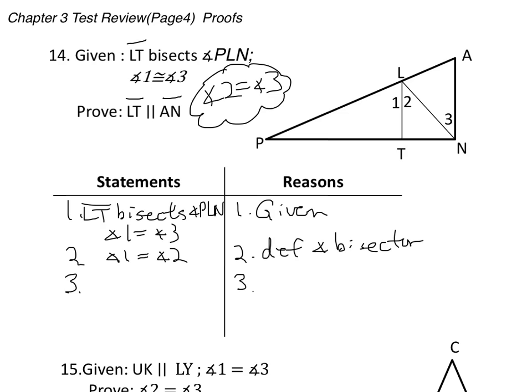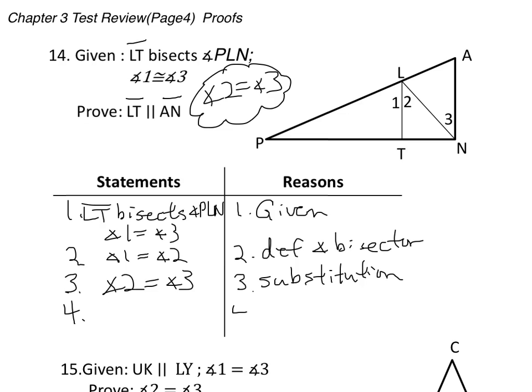So now I have to look to my statements and see if I can make any conclusions. Well, since angle 1 equals 3 and angle 1 equals angle 2, I can say that angle 2 is equal to angle 3 by the substitution method. I can replace angle 1 in that first equation with the value angle 2. So that is substitution. Or I could use, if angle 3 is equal to angle 1 and angle 1 equals angle 2, then I know 3 is equal to 2 by the transitive property, but I think this way it's easier to write just substitution.